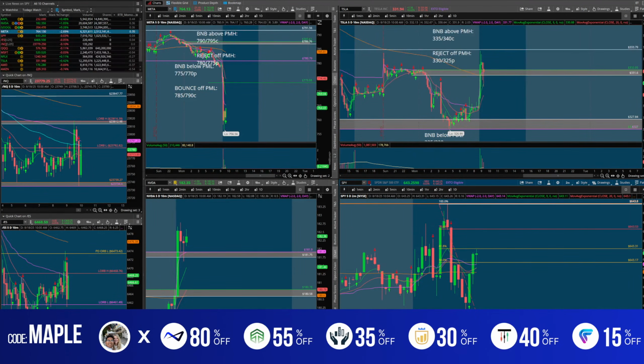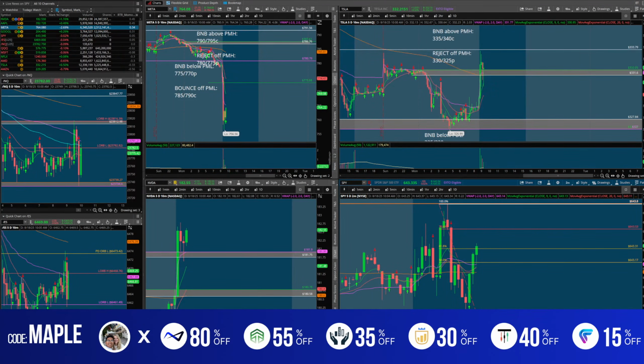Halfway through the 10-minute. Like that candle though, concerning because they could flip this pretty easily here over the previous candle high. 61.8 fib.